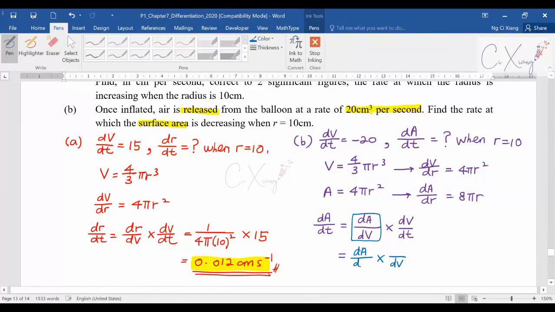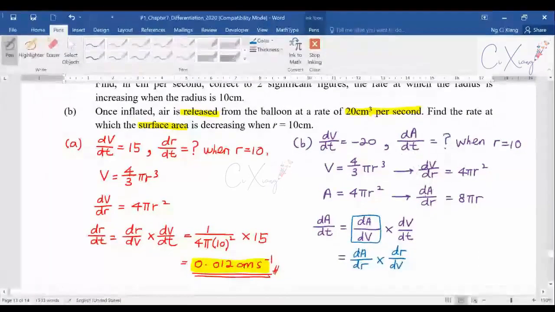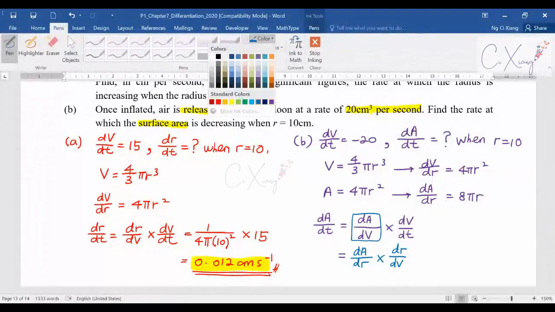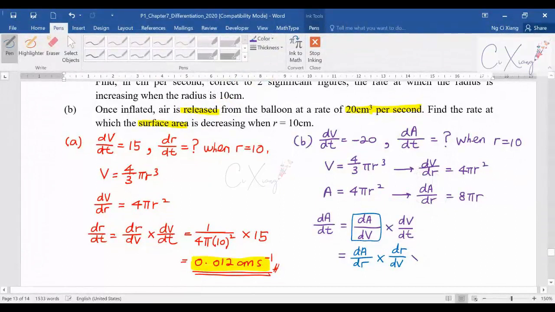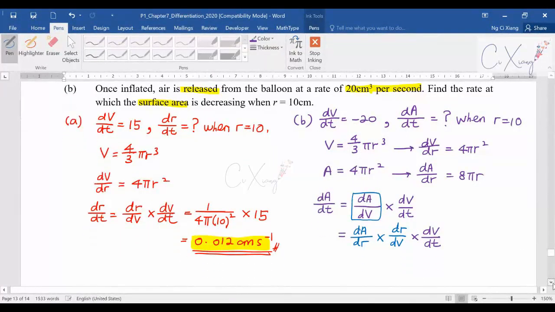The something I can use here is dr, because I have dV dr and also dA dr. So I apply the chain rule two times in this question. I don't want to write V in terms of A, because the power in that equation would have a fraction. I will keep everything as simple as possible.